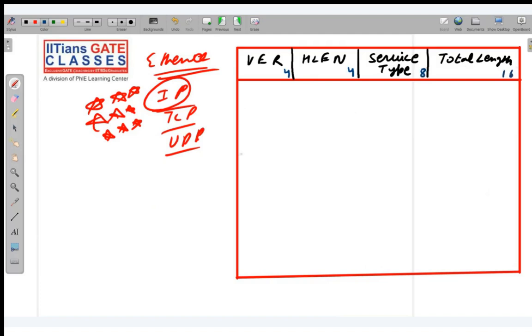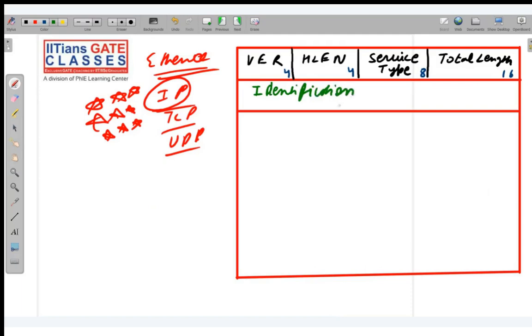You have to learn it by heart. It is very important. So try to write it 2 or 3 times, you will get it. Next is the identification field.